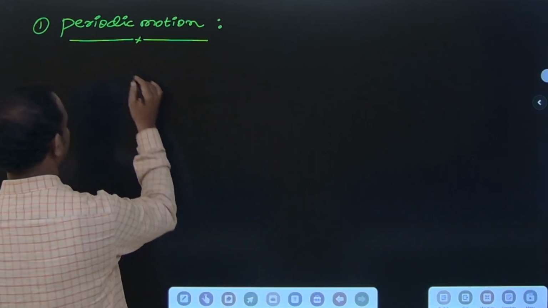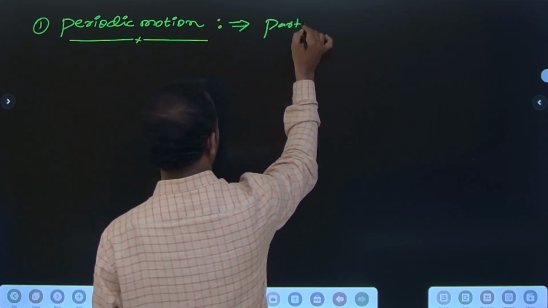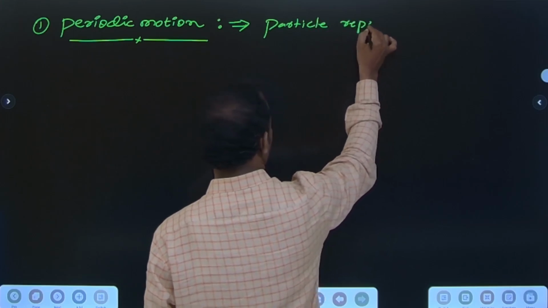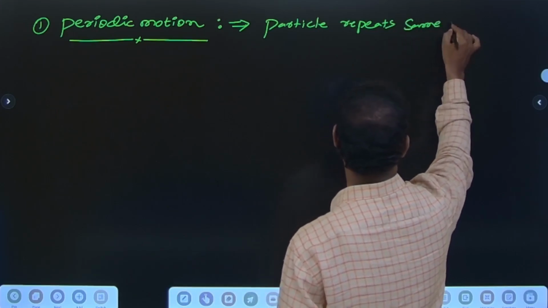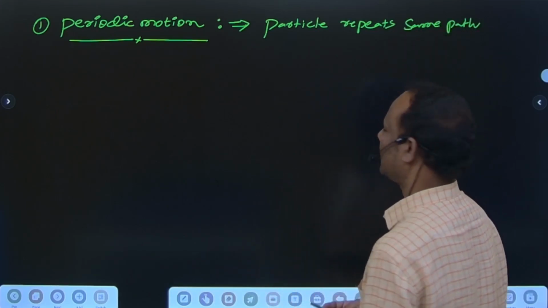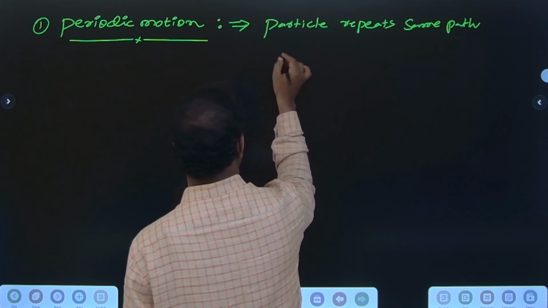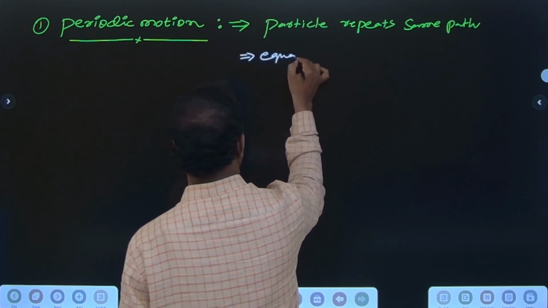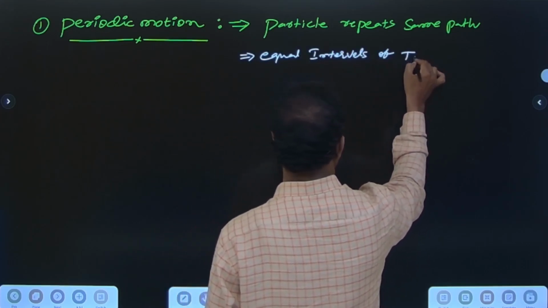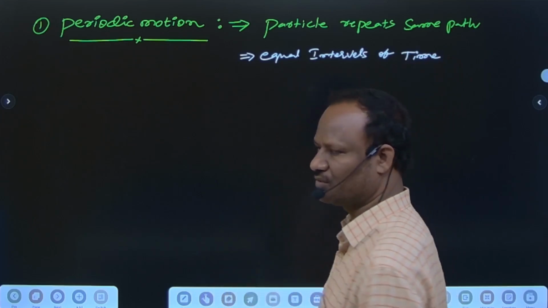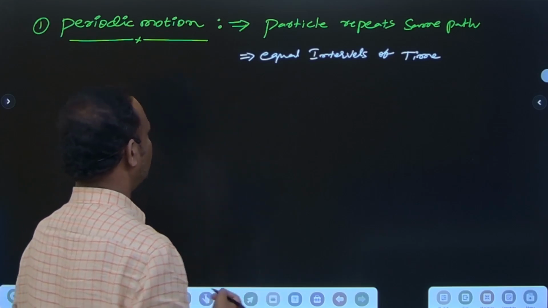The particle repeats the same path in equal intervals of time. The time interval is the same.